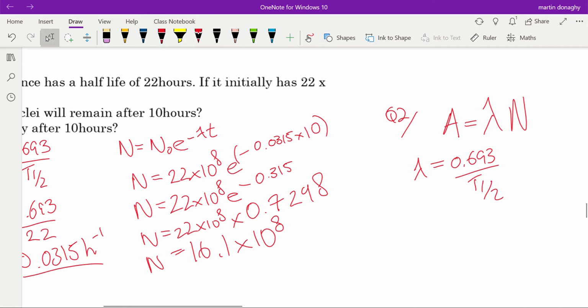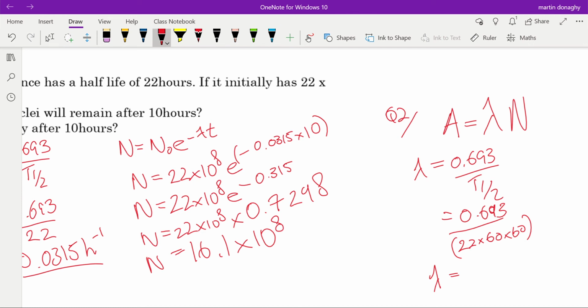To make sure you don't make mistakes, I would tend to start again with this. My time is 22, but that's hours, so I need to multiply that by 60 and multiply that by 60. If you start trying to change per hours into per seconds, rather than changing from hours to seconds, you usually multiply by 60 and multiply by 60, you have to divide by 60 and divide by 60. It's sometimes easier going back, changing the time into seconds, and then using this equation again to get a value.